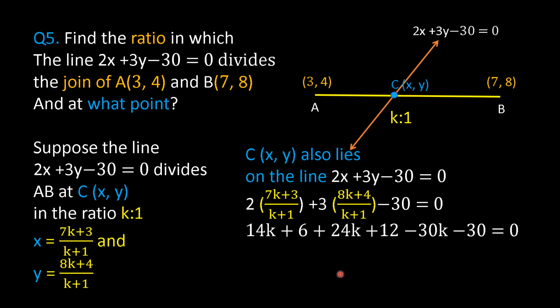It will be 14k plus 6 plus 24k plus 12 minus 30k minus 30 equals 0, which will be 8k minus 12.